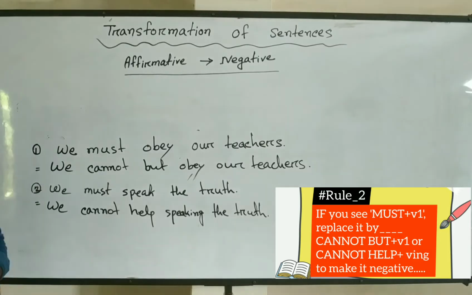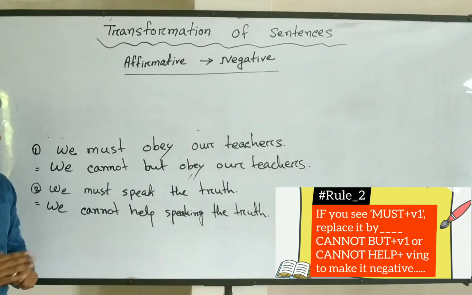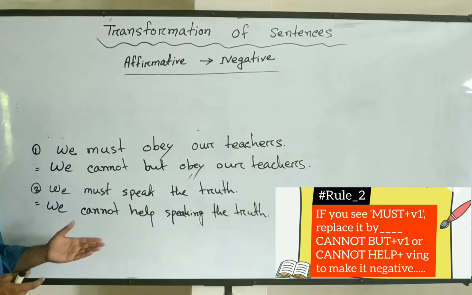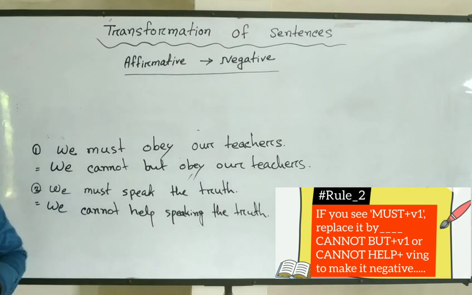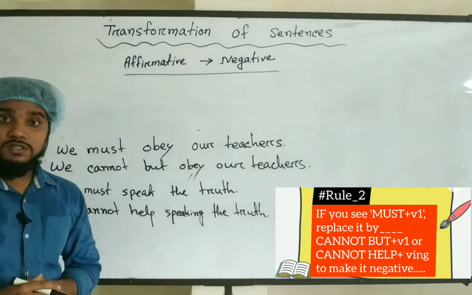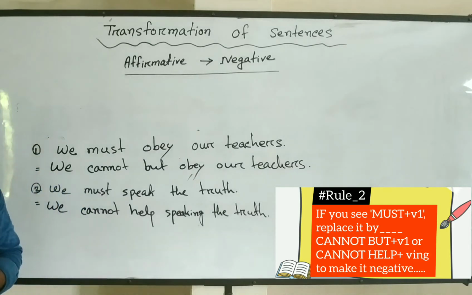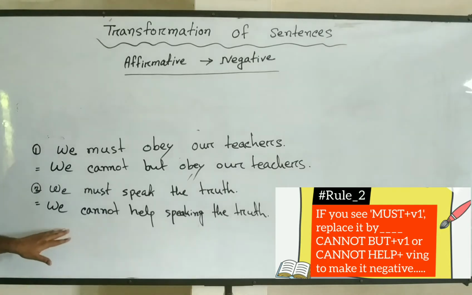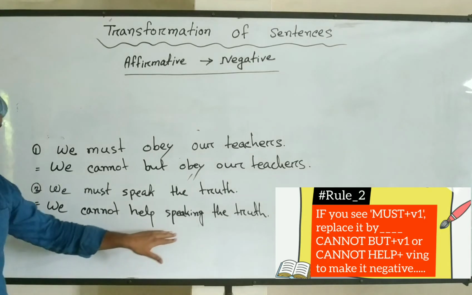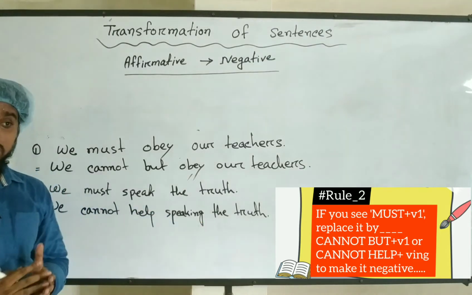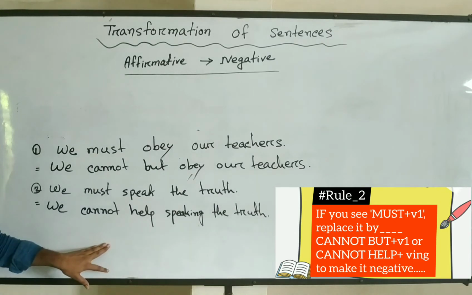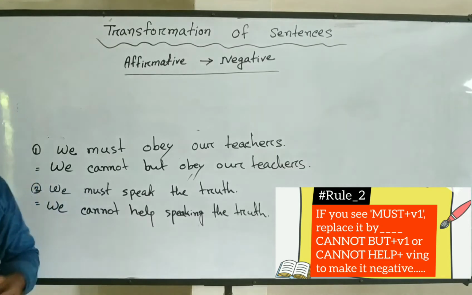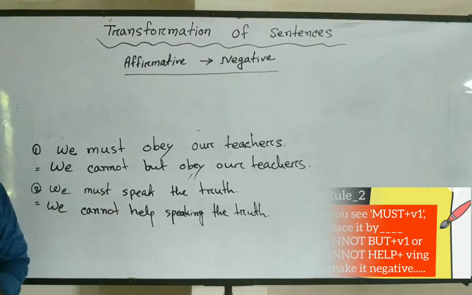And let me tell you, you have to memorize both the rules. Sometimes you may have to use cannot but, sometimes you may also use cannot help. But if you were asked to transform a negative sentence into an affirmative sentence, and if the negative sentence is like that, we cannot help speaking the truth, then if you don't know this rule, you may not be able to transform that. So you should know both of them, right?